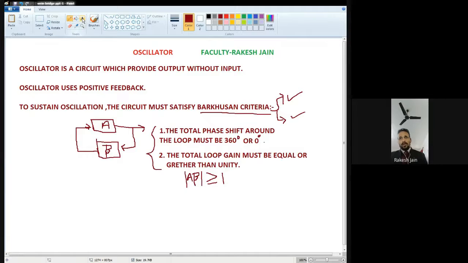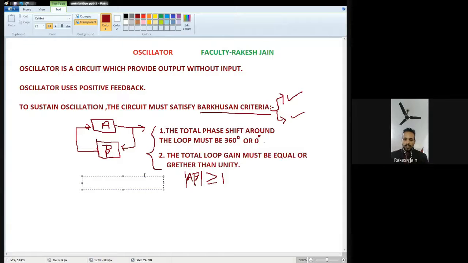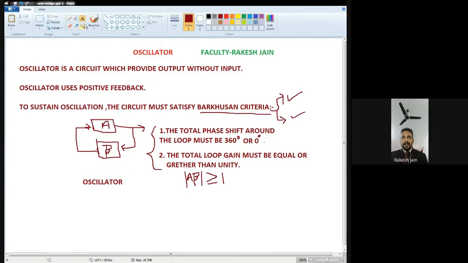Now we are talking about the types of oscillators, the classification for the oscillator. Basically, the oscillator can be classified into two categories. One is the general oscillator, which provides the output waveform as sinusoidal.